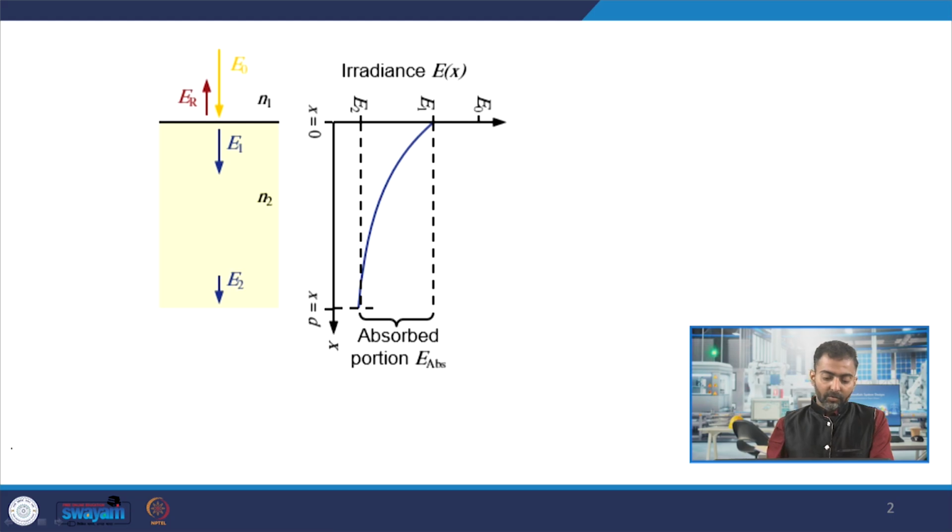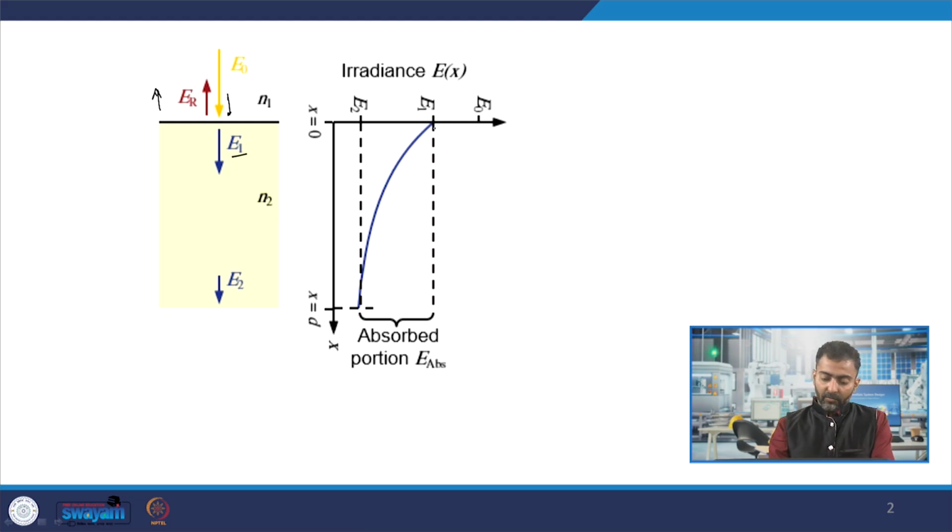But here we have added two more terms, if you see here. One is the reflected radiation ER. E naught is the total incident radiation and there is some reflection happening at the interface of the solar cell. So ER is the reflected radiation, and out of E naught, ER gets reflected, and E1 is what enters the solar cell from the top surface.